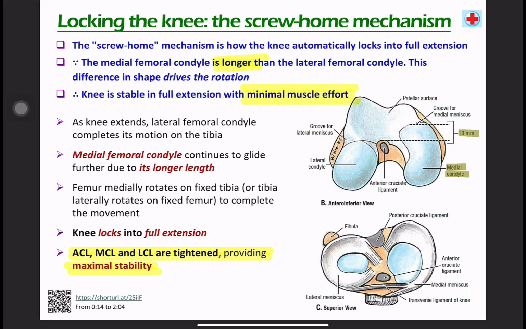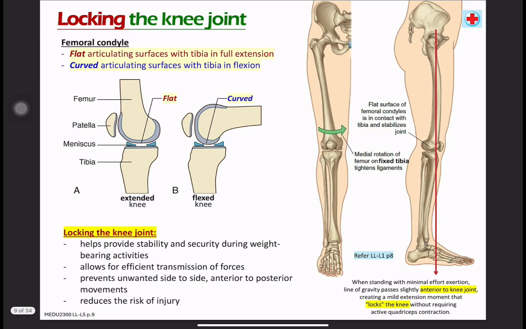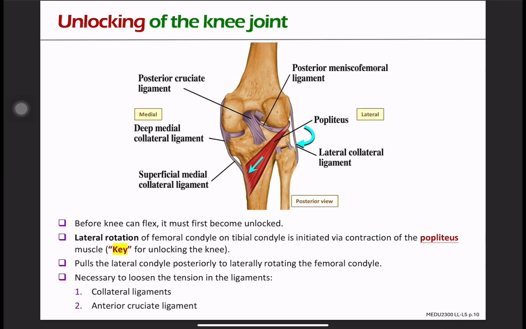Why do we need to lock the knee? Because it helps to provide stability and security during weight-bearing activities. It also allows for efficient transmission of forces, prevents unwanted side-to-side and anterior-to-posterior movement, and of course, very important, it reduces the risk of knee injury. So to unlock the knee for flexion, a muscle called popliteus contracts.